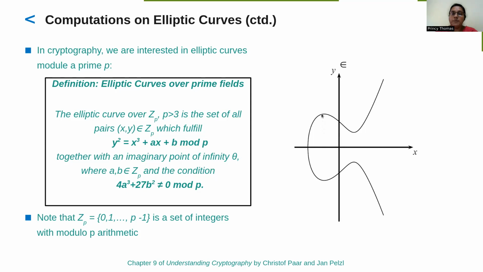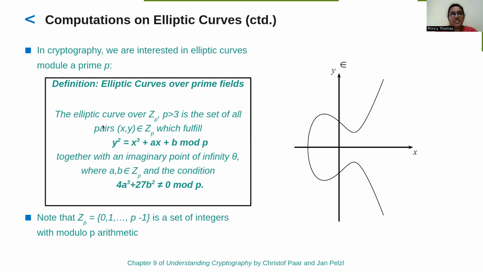Now, for this point P, if there is a value theta such that P plus theta is equal to P, then that theta is the identity element. To calculate the identity element, I will show you after we do addition, it's a straight line. So it is somewhere in infinity and that point is defined as theta.